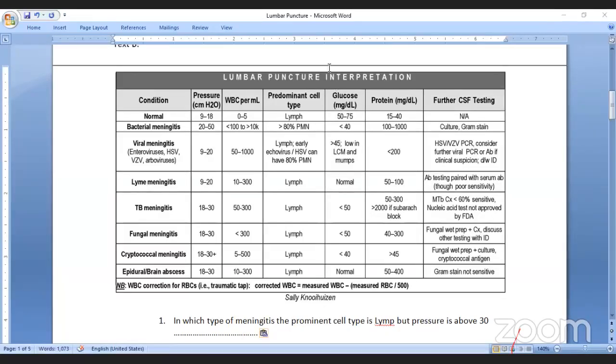Those on Zoom, write the answer in the Zoom chat.